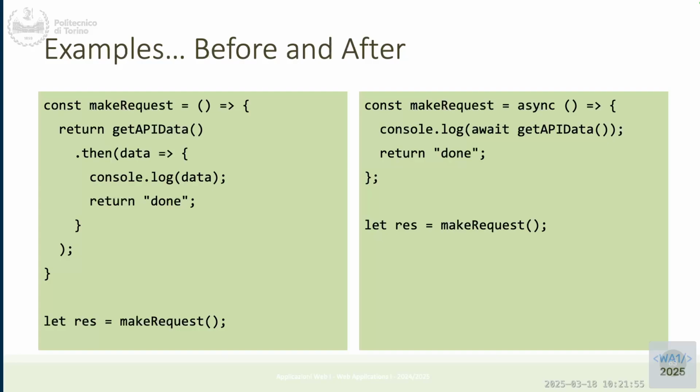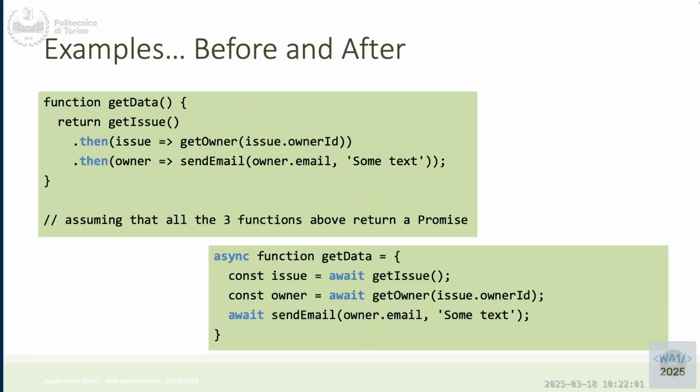It's the same. We know that it's asynchronous, we know that it returns a promise. So there's some comparison here about the explicit handling of promises or the implicit handling of promises themselves with await.